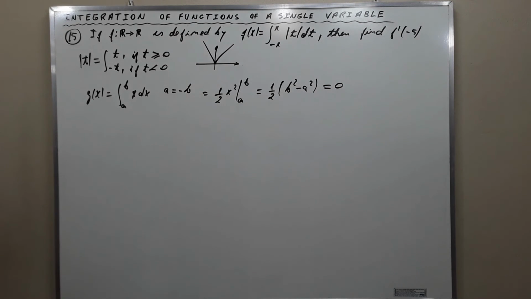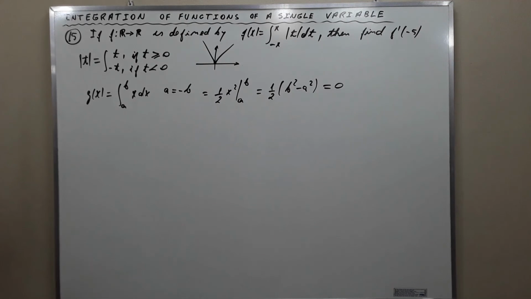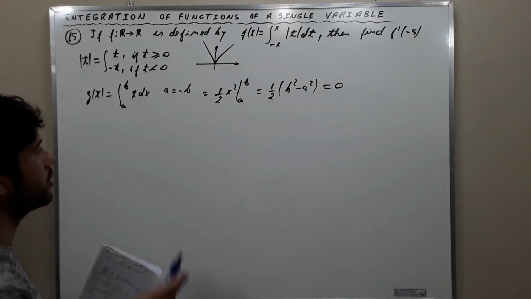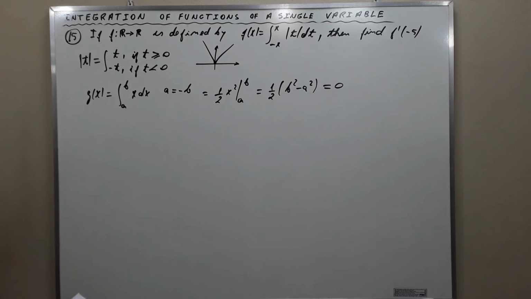Alright? So, how do we conclude? What is the conclusion that we get? We must not calculate this in this way. We need to find another way for calculating this, because they cancel each other out if a is the negative of b.